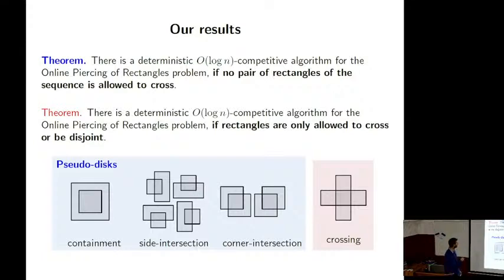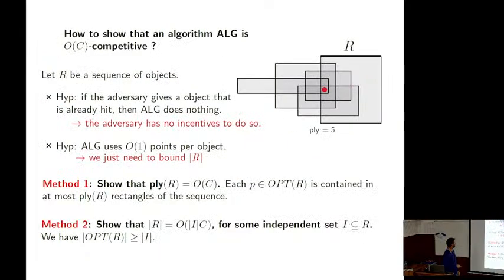Then we showed that we can get this log n bound. And the second result, a small result, is that if we have only crossings, then we can also get the log n bound. We left open the question of whether, without any assumption, we can get the log n bound.